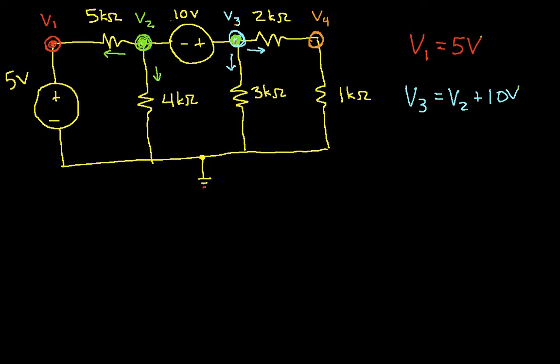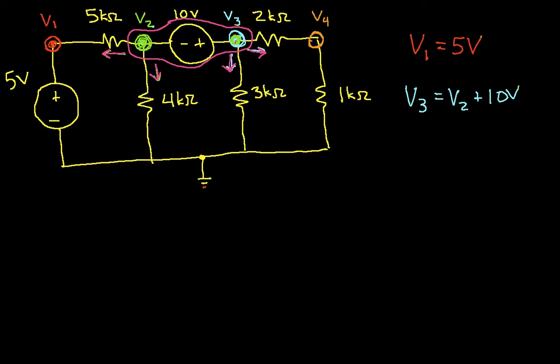So the idea is we are going to look at nodes 2 and 3 together with the following understanding. The current that flows out of this joined node, or supernode as it's called in the textbooks, the currents flowing out of the supernode all sum to 0. This is an extension of Kirchhoff's current law.